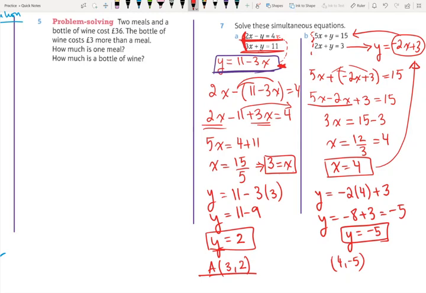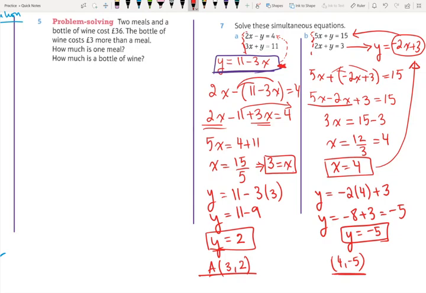In number 7 part B, you have to do the same. First, identify what the forms of these two equations are. They are the forms of lines. Therefore, graphically, when you draw them, they are going to intersect at a point. And this point is (4, minus 5).